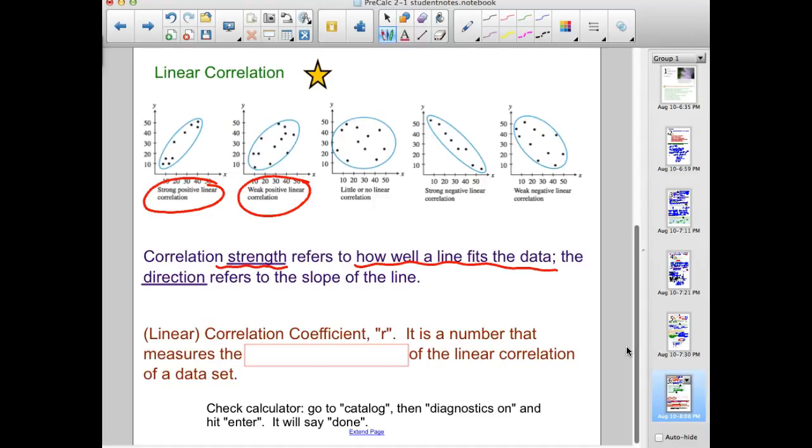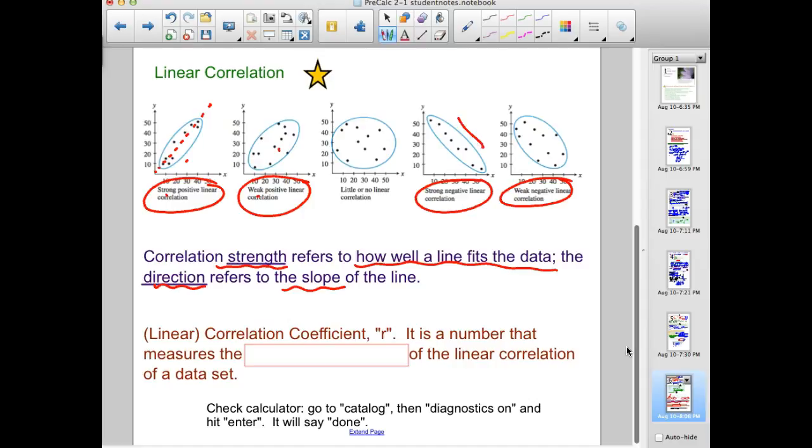When we talk about positive versus negative, we are referring to the slope. Because these dots are moving up, we would have a positive slope, so it's a positive correlation. The points in this first picture are much closer to that line than the points in the second picture, so strong versus weak.